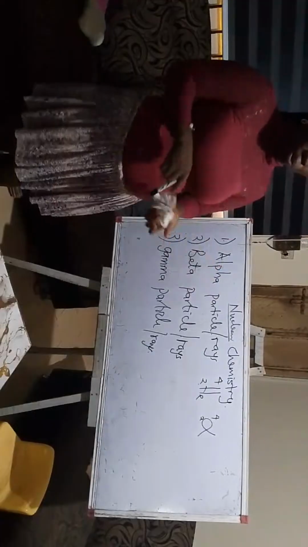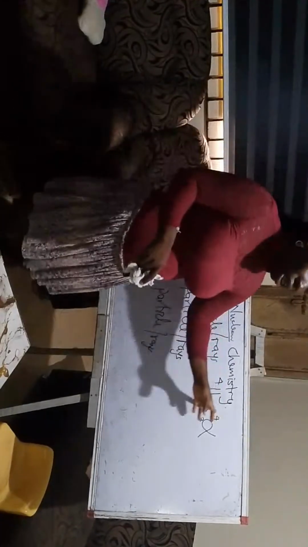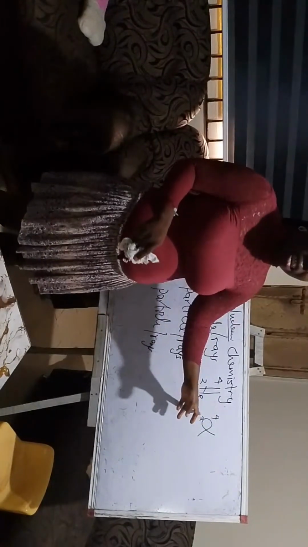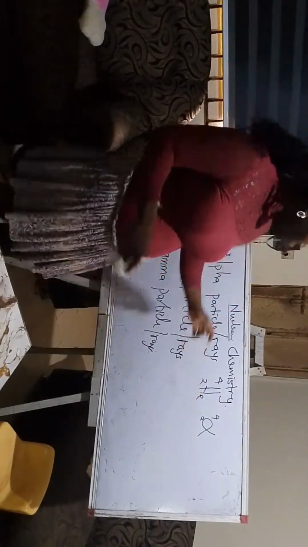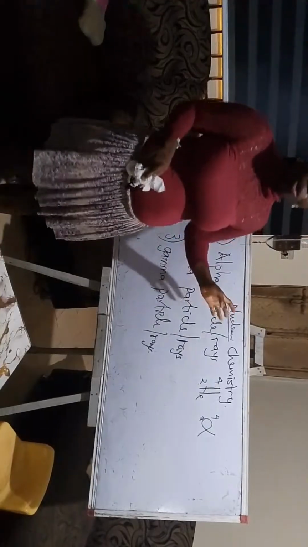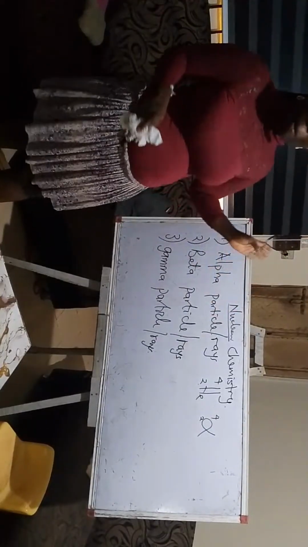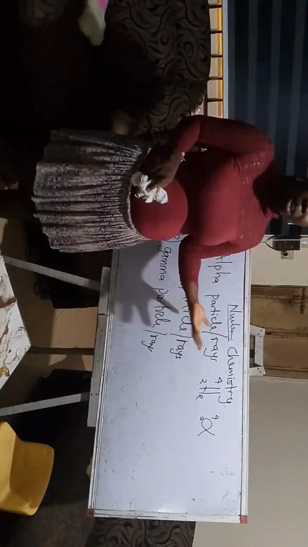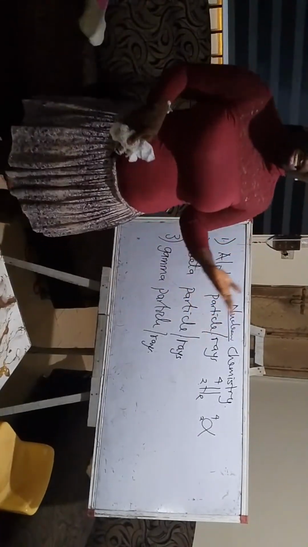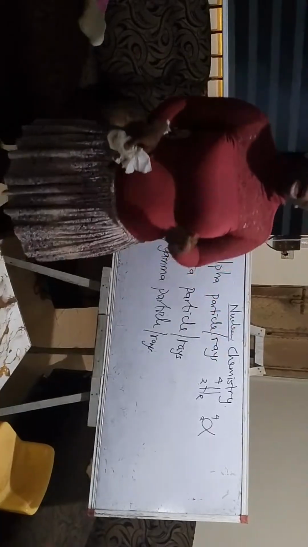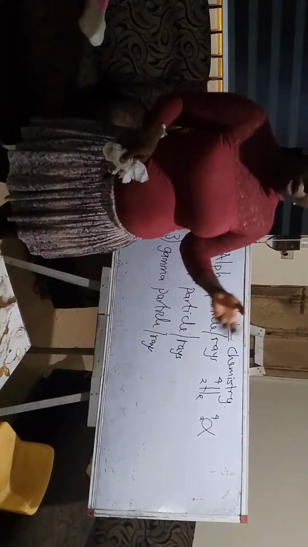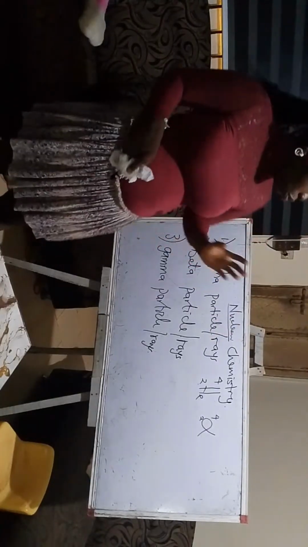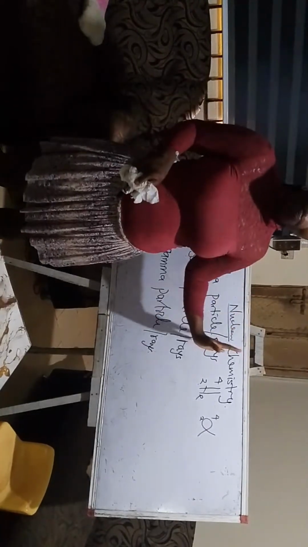What they do is to increase the mass number and also increase the atomic number of any particle that exhibits alpha particles. Moreover, these alpha particles can be stopped by a piece of paper or a foil paper. Either of those two can stop alpha particles.